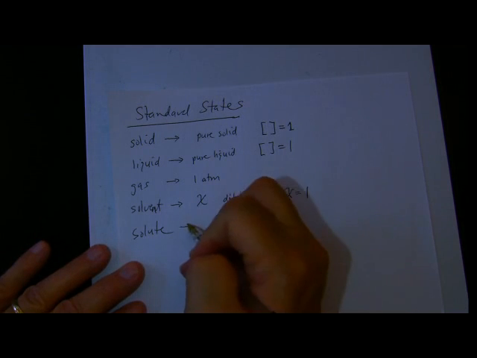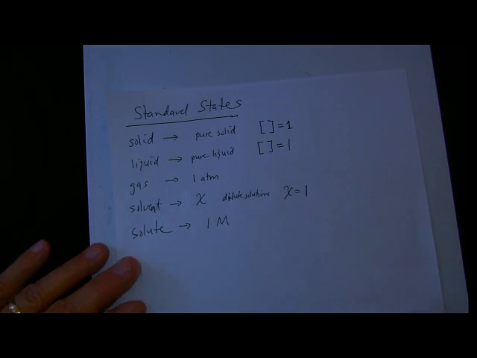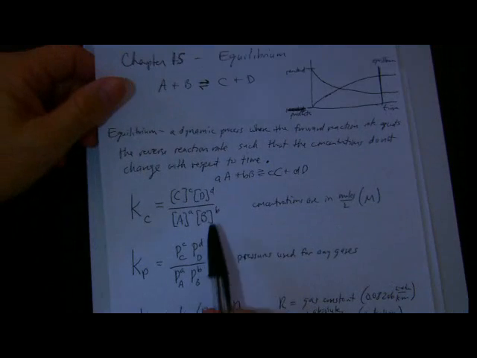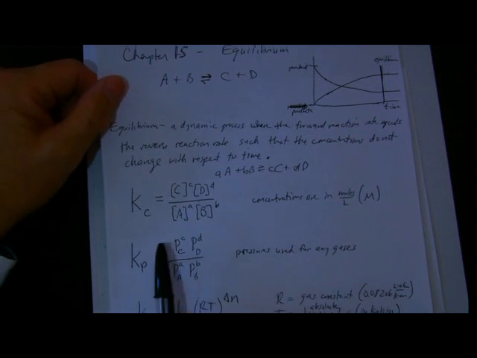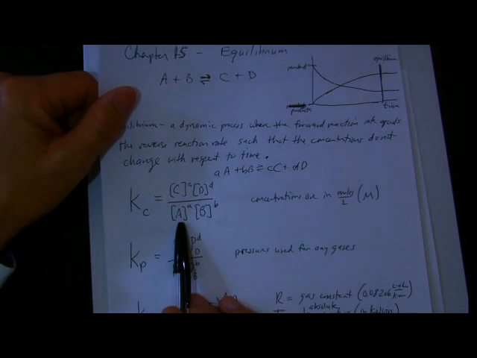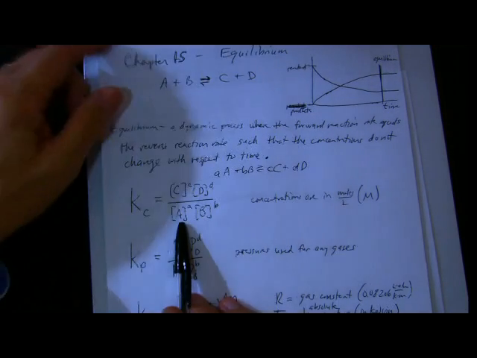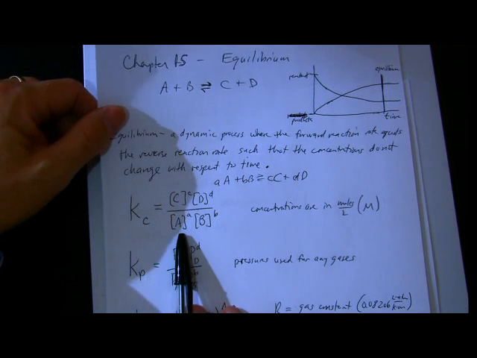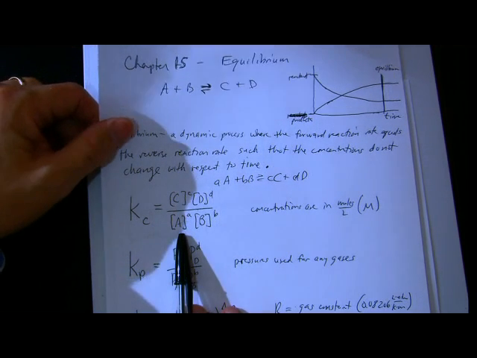And finally, the standard state for a solute is 1 mole per liter. All right. So if I have a solution where I've got a solute, let's say A is a solute, right, and it's got 0.5 moles per liter as its concentration, what would I put for the concentration here? 1. Nope, I wouldn't put 1.